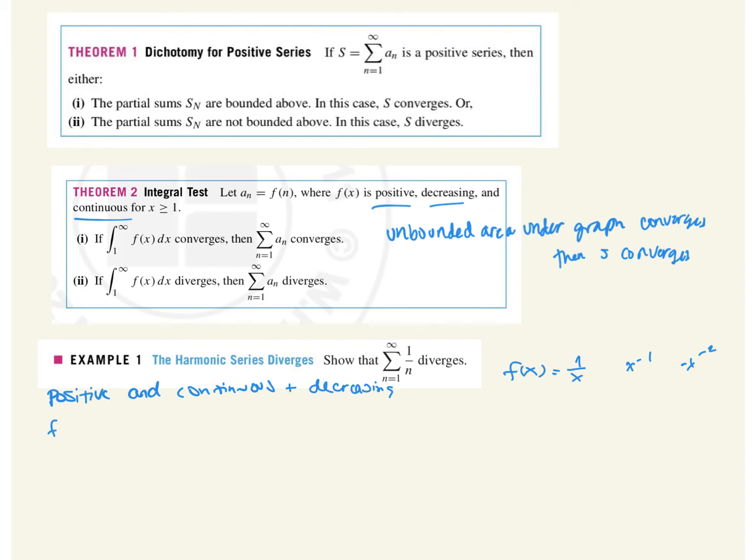So we can't use this when a function is below the x-axis, even if it's getting closer. If you reflected what you have in the first quadrant down to the fourth, what you can do is pull the negative out.